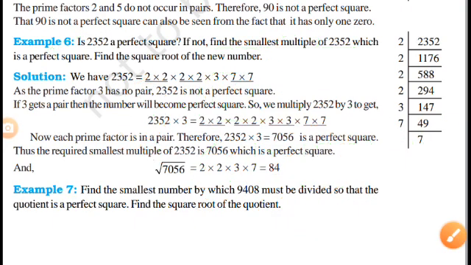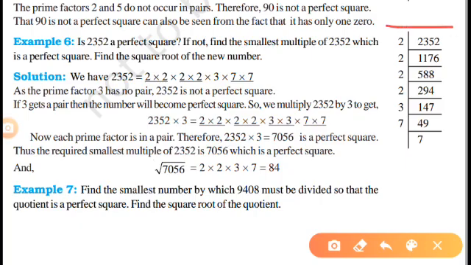Okay, now first we will find the prime factorization of this number. We have got 2 cross 2, 2 cross 2, 3 cross 7 cross 7. So if we pair, we will get these 3 pairs, but there is a single element, that is 3, which is not in a pair.